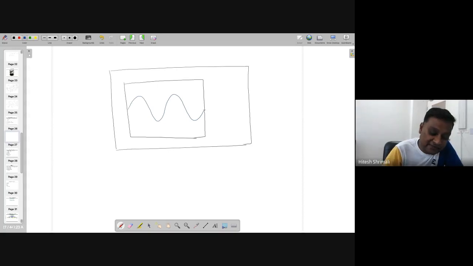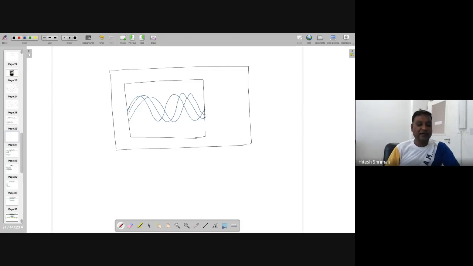But look at that, this point and this point are not exactly matching. So what will happen the next time? It is going to start from here, because it ended there. Again, like the next one, and so on. So on the screen, you will see that your sine wave is actually moving here and there.